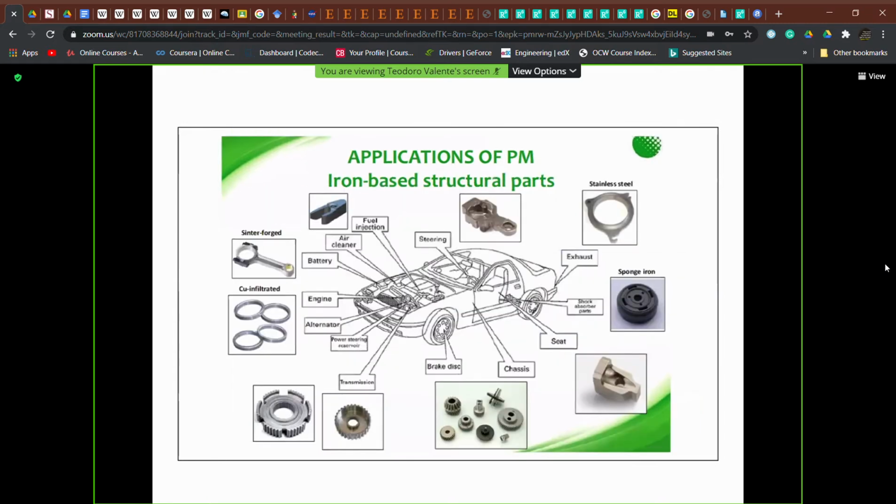Here you have some examples of components which can be fabricated by using iron-based materials in the automotive field.